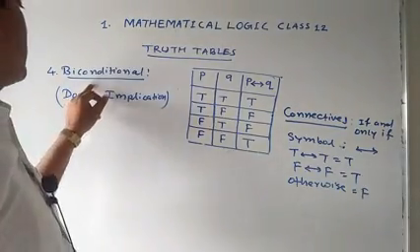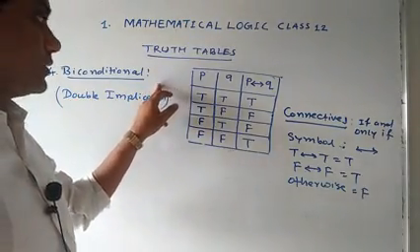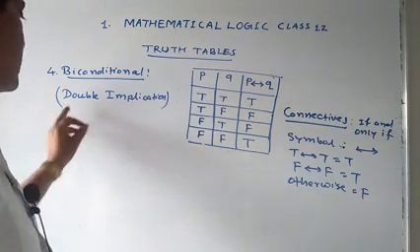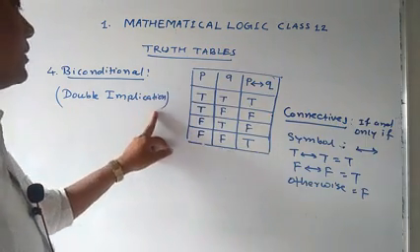Now truth table for biconditional statement, which is also called double implication.